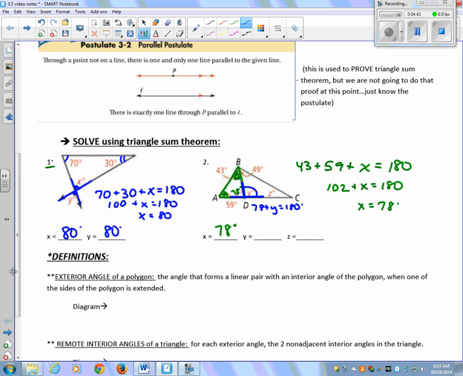So y must be 102. Okay, now we're looking for z. So if this is 102 now, we've got 102 plus 49 plus z equals 180, and this is 151 plus z equals 180, and so z equals 29 degrees.